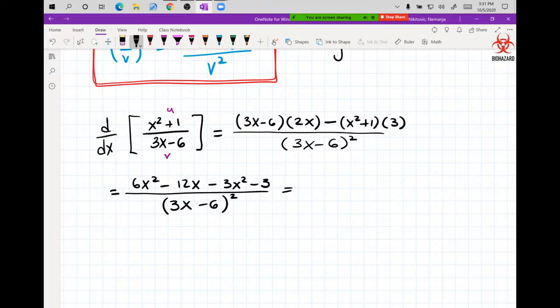So now in the numerator, 6 minus 3, that's 3x squared, minus 12x minus 3, divided by (3x minus 6) squared.